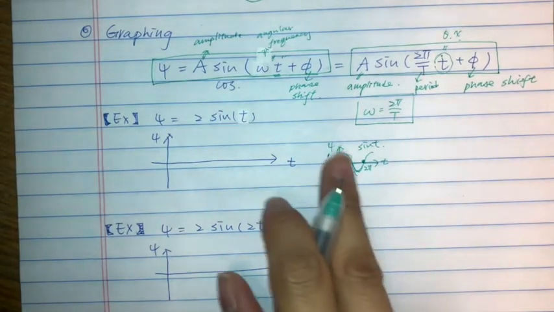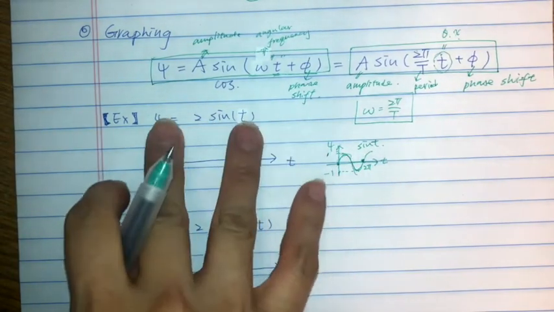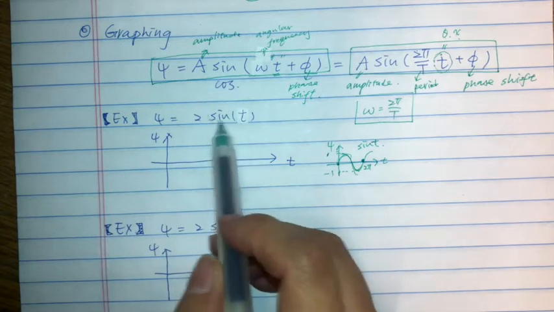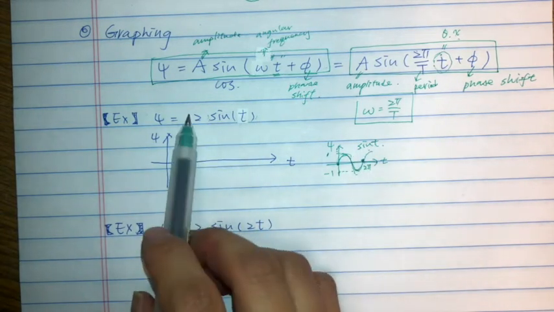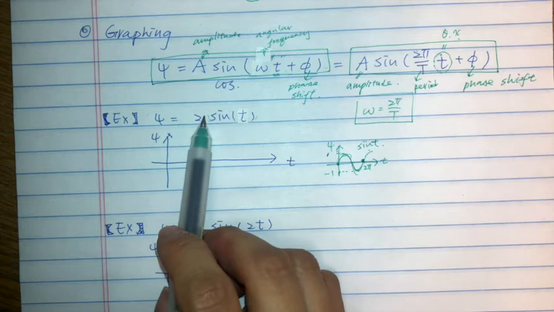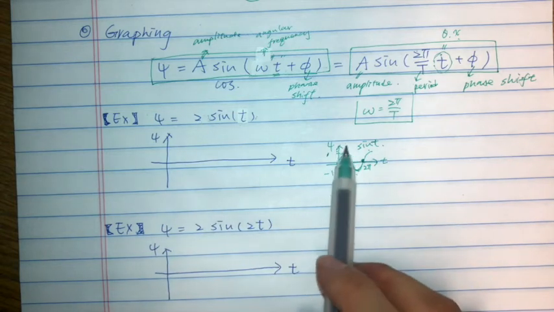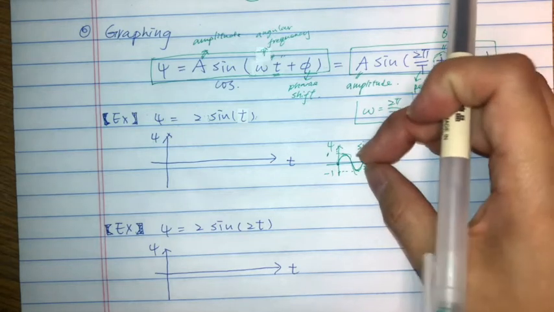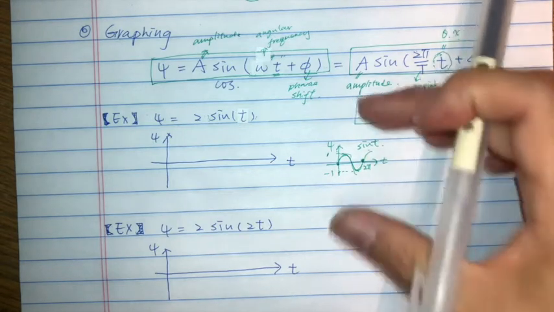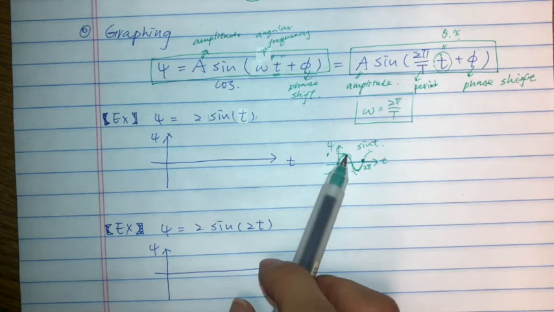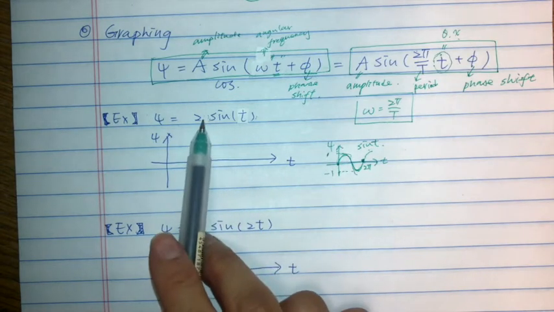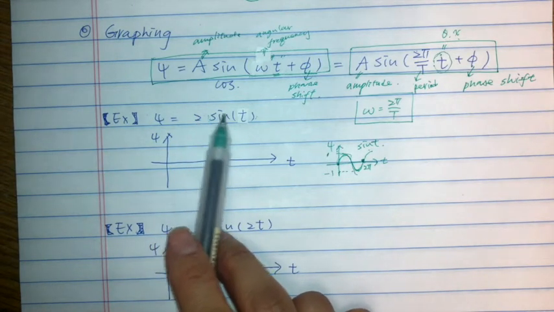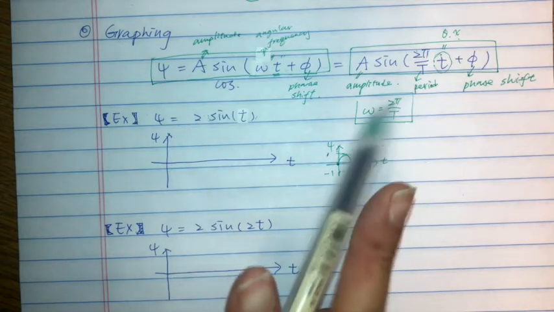So let's carry that knowledge and come back to this question. This function is the same as this one, right? But I have a 2 multiplied in front, which means this function is going to be larger in the y direction. So the maximum value, instead of 1, will be 2, because 2 times 1 at this point would be 2.